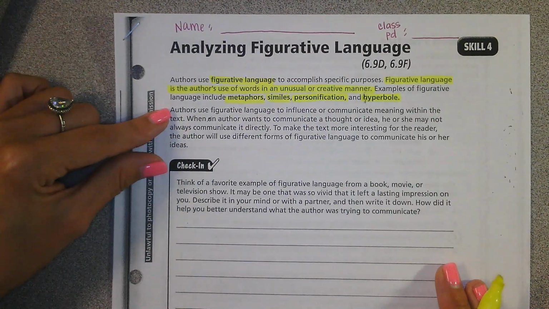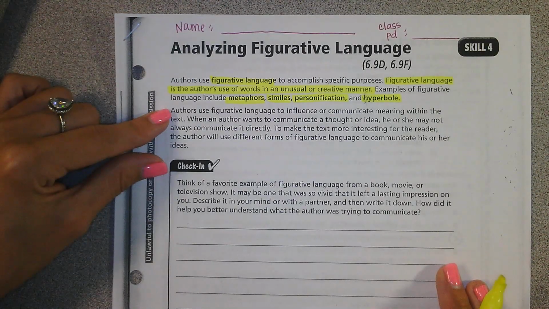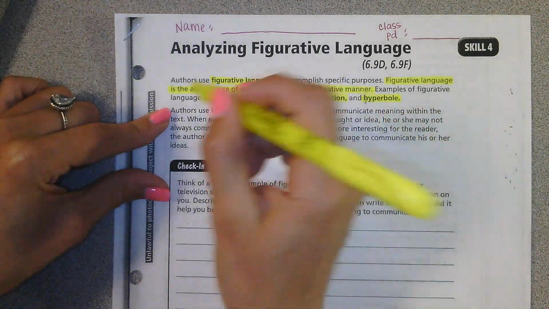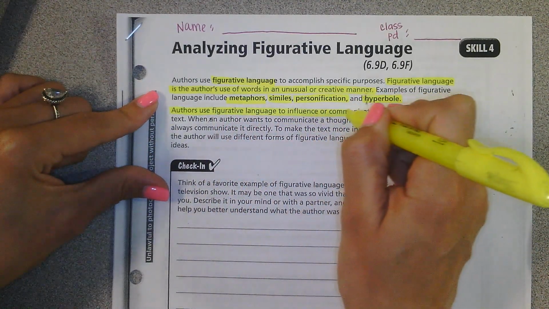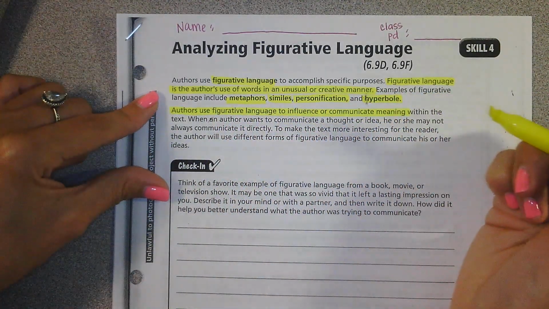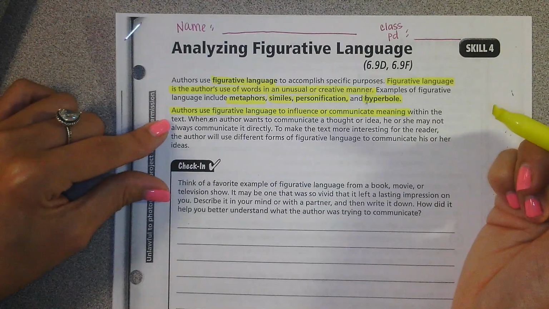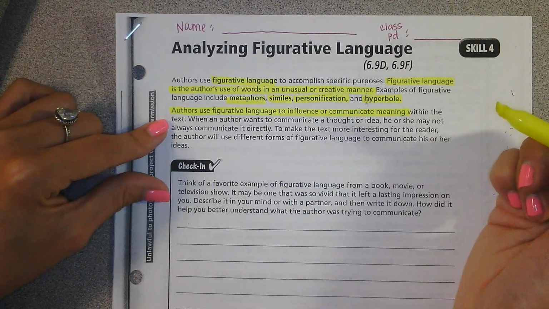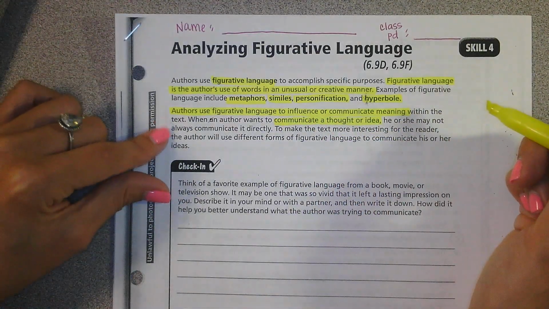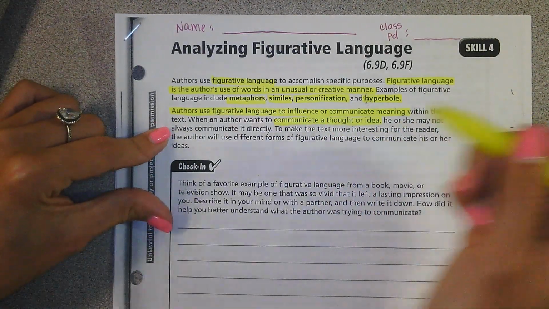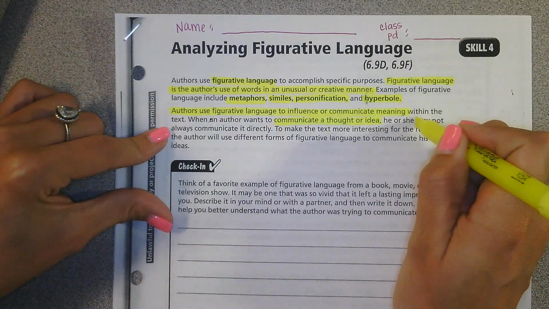Authors use figurative language to influence or communicate meaning within the text. So why do they use figurative language? Well, they're essentially trying to influence or communicate specific meaning within a text. When an author wants to communicate a thought or idea, he or she may not always communicate it directly, and that is true. We've talked about this before.